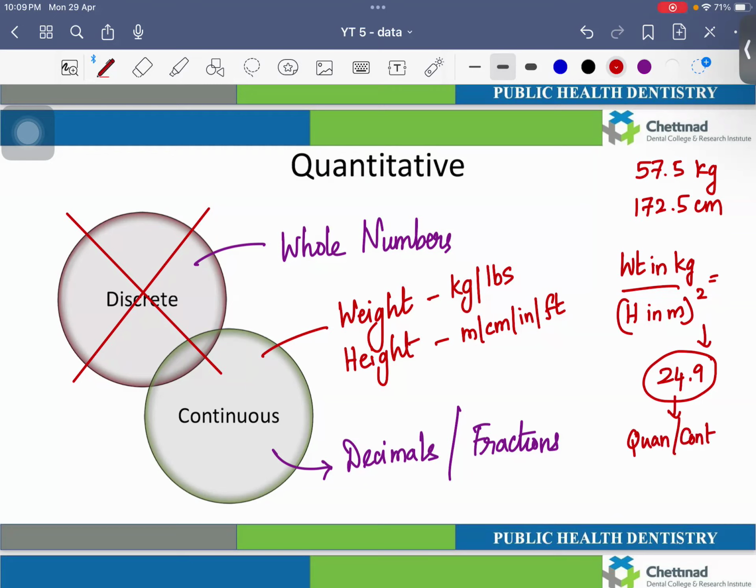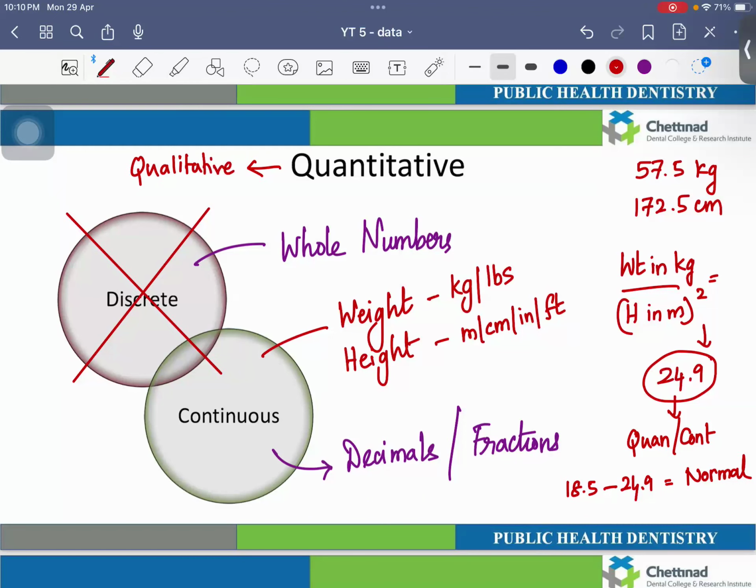But when you try to categorize it into the BMI scale, Quetelet's scale, for example, 18.5 to 24.9 is considered normal BMI. So in this case, this is normal. So quantitative data usually can be converted into qualitative data.